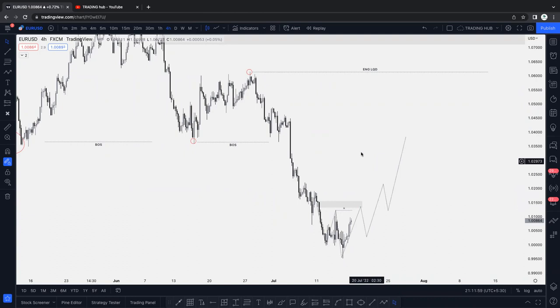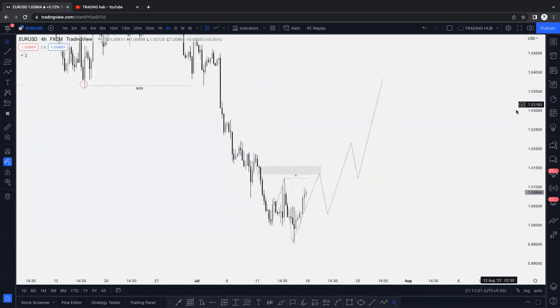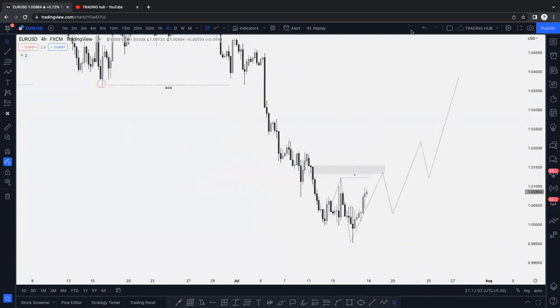So right now this is what is happening in the 4 hour in EUR/USD, but we are still bearish in every time frame. But what is the lower time frame saying? Let me show you exactly.